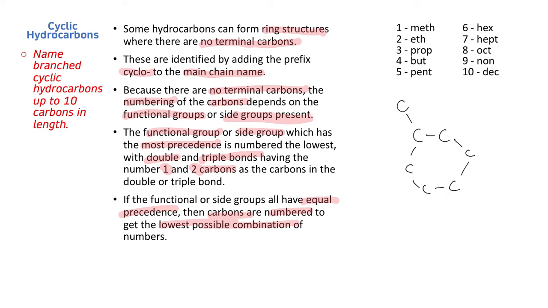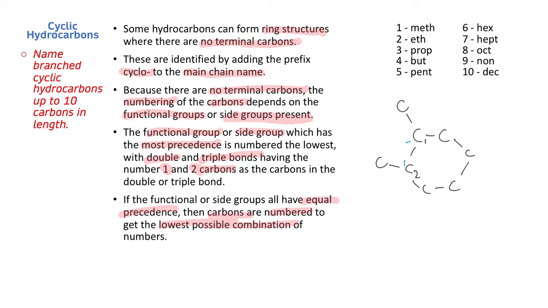I wouldn't have to number it because it's automatically on the number 1 carbon. If I have two here, this is dimethyl cyclohexane, and they've got to be on number 1 and number 2 because those are the lowest possible combination of numbers. It doesn't matter if we go clockwise or anti-clockwise.